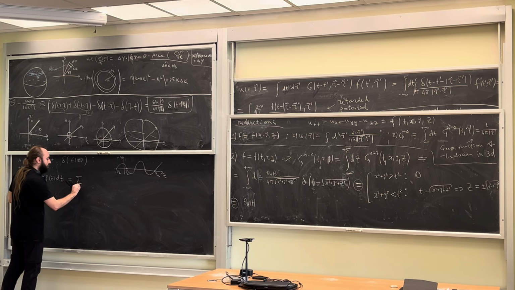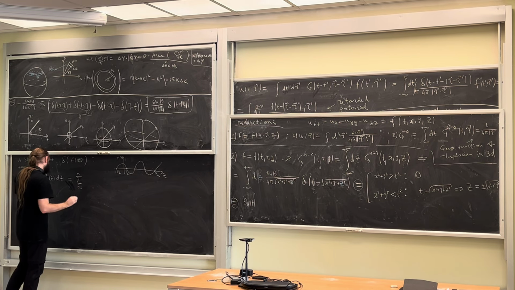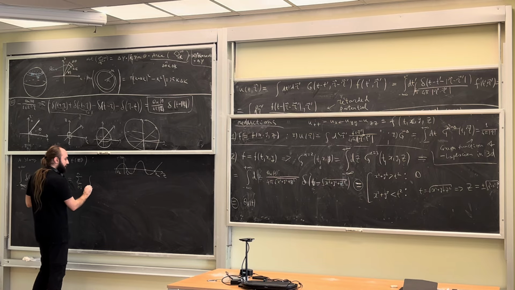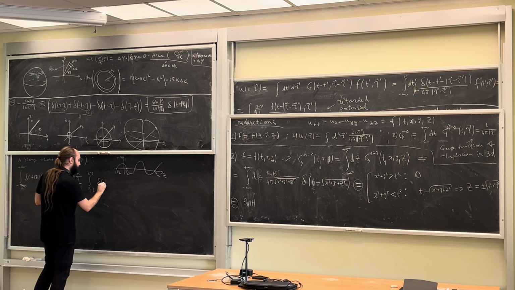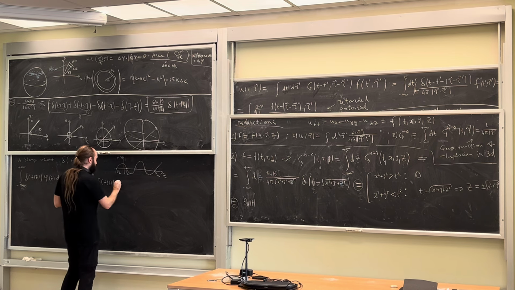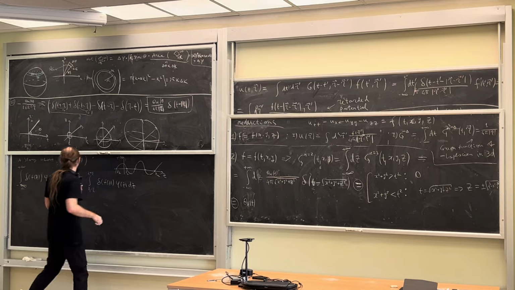So it is the sum from i equals 1 to n, of the integral from zi minus epsilon to zi plus epsilon, delta of f of z, phi of z dz.